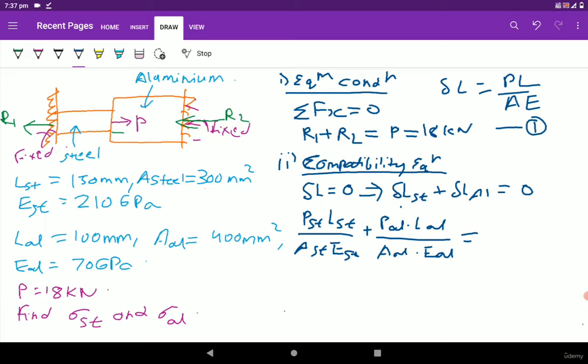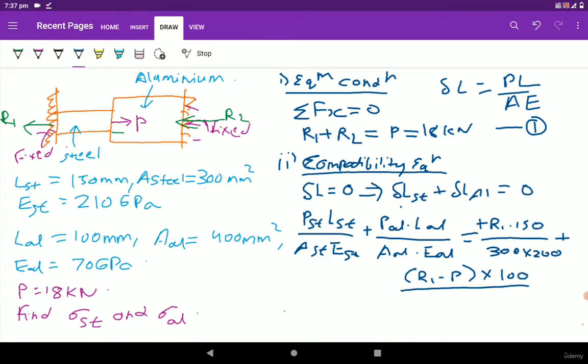We will take plus R1 multiplied by 150 divided by 300 into 200, plus R1 minus P multiplied by 100 divided by 400 into 70. Basically we will take only one term, that is R1, a single unknown.